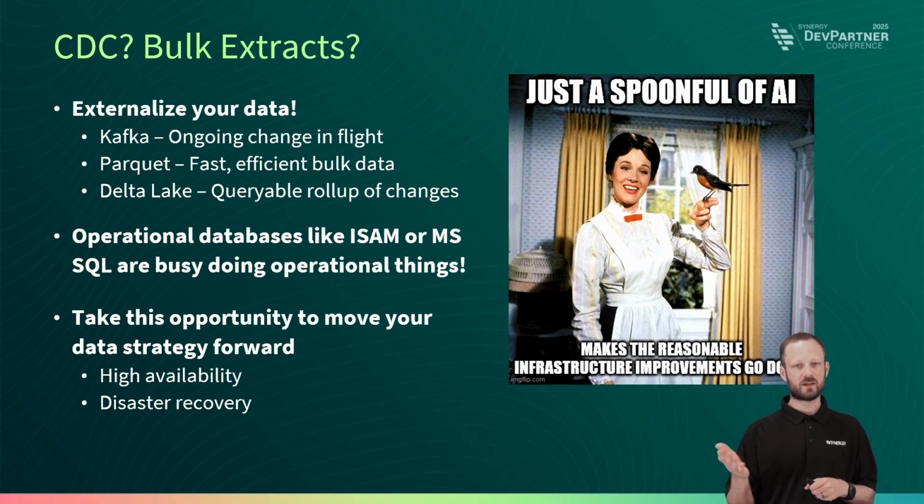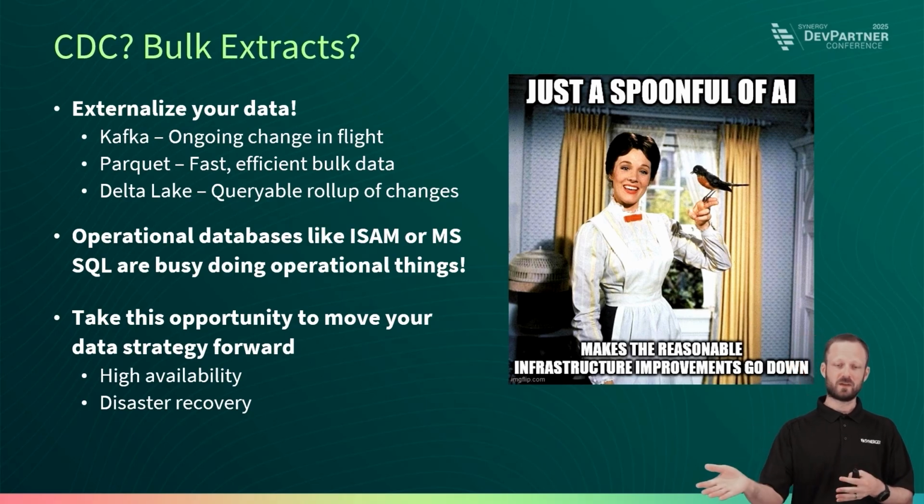So in this case, as Mary Poppins is saying over there on the side, just a spoonful of AI is going to make these reasonable infrastructure improvements go down. So you're providing your management with a good reason. They're going to get something out of it, and you're going to get something out of it.